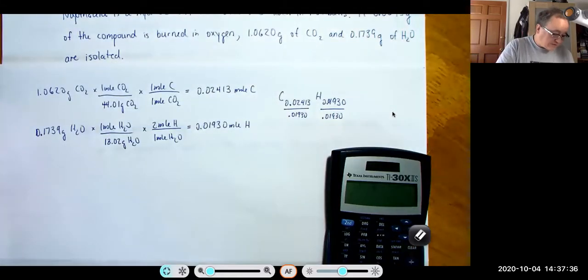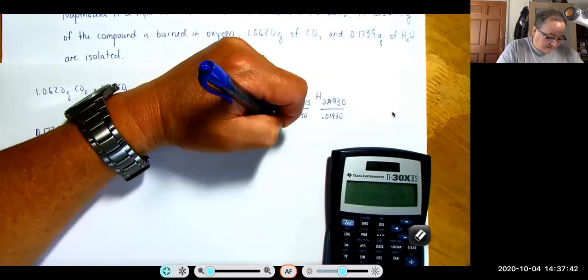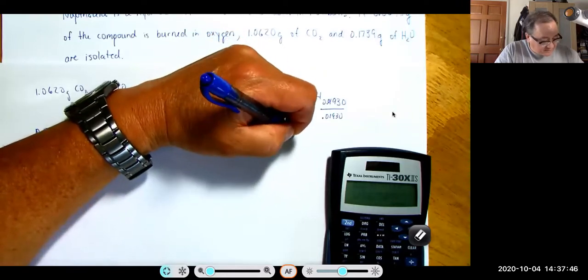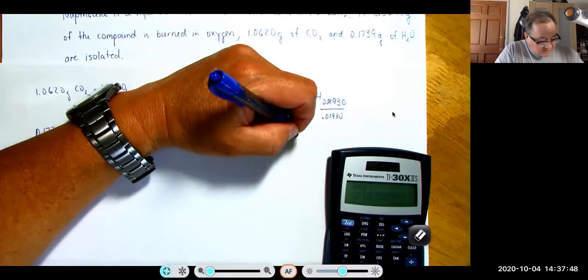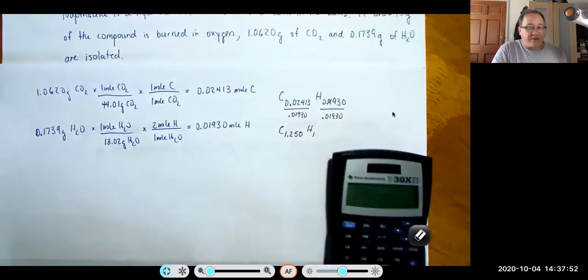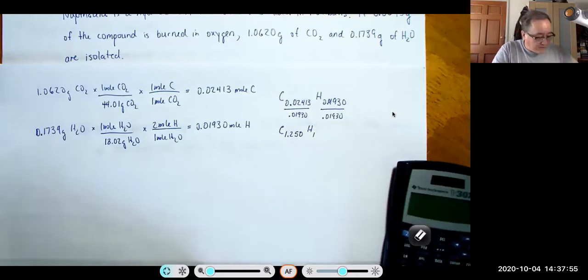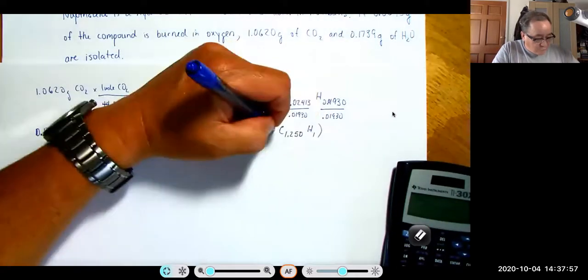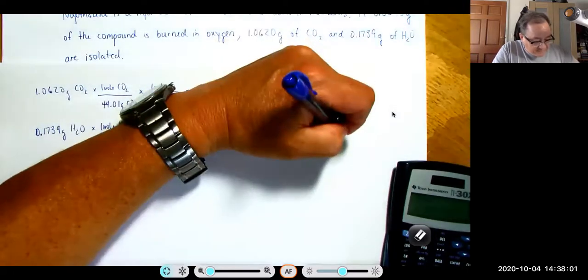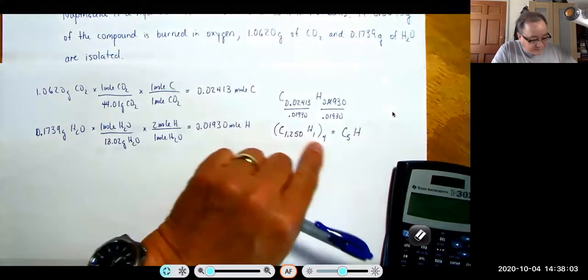Divided by 0.02413, and we get carbon 1.250, hydrogen 1. So what multiplier do we want to use so that we get whole numbers? I'm thinking 4. So 4 times this ends up being 5. 4 times this ends up being 4. So this is the empirical formula.